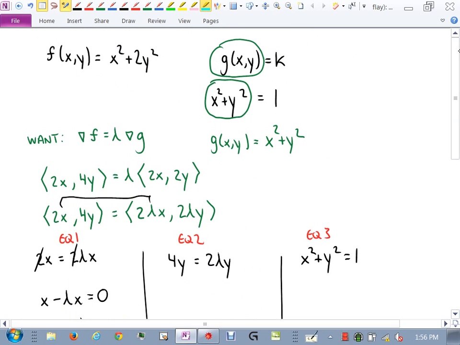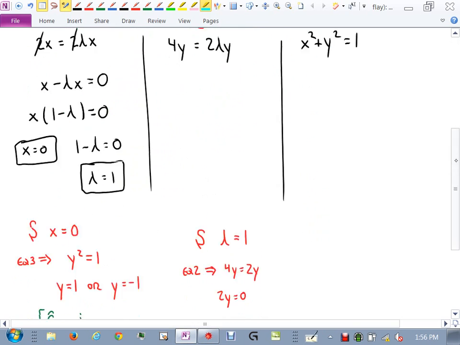Way back up into the function, right? All this work was just to tell us where potentially you would have these maxes and mins. Where do they occur? They occur when the gradients are parallel. Where are the gradients parallel? At those x and y values that we just found. Okay, go back up there and plug in those values for x and y, and you should get your max and min.